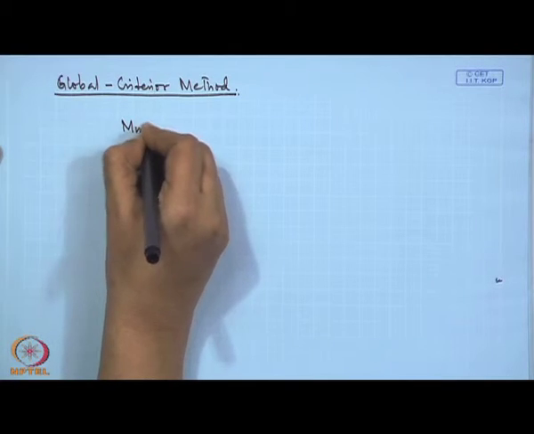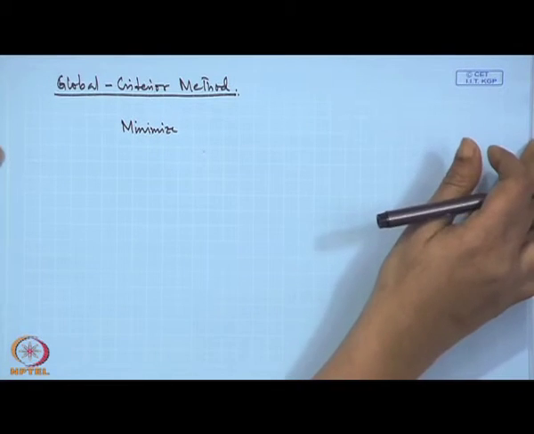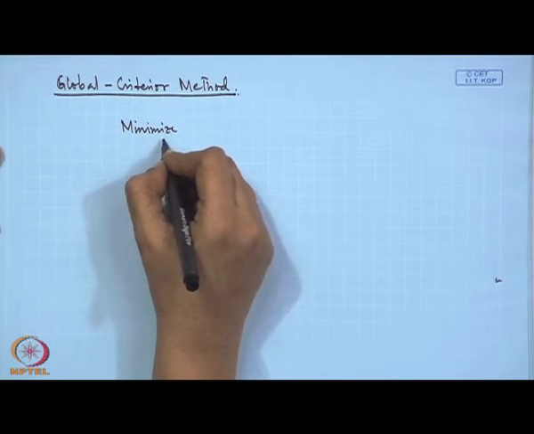That means we maximize f1, we get f1 star, maximize f2, we get f2 star. In this way, after we formulate all together, we try to minimize the difference between the objective function and the optimal solution for the individual objective functions.